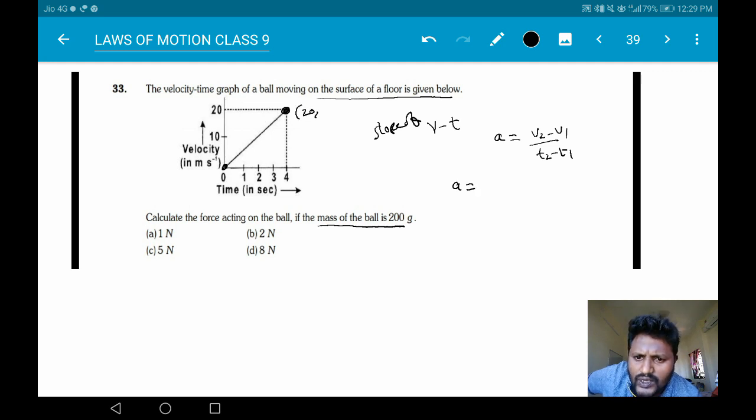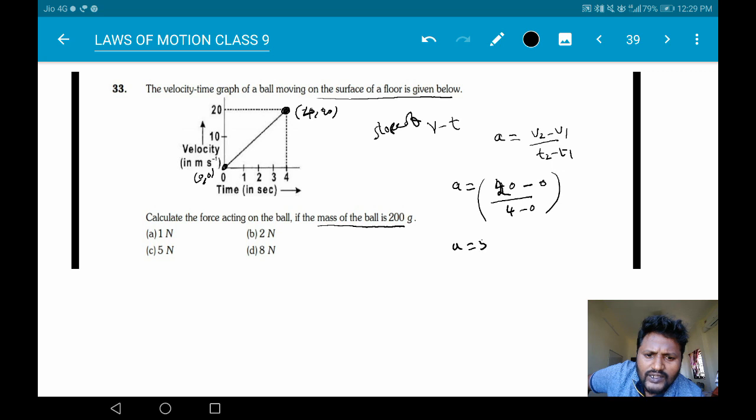So this is 4 comma 20, and this is 0 comma 0. Any 2 points, the slope is constant. So 20 minus 0 by 4 minus 0. Okay, therefore acceleration is 5 meter per second square.